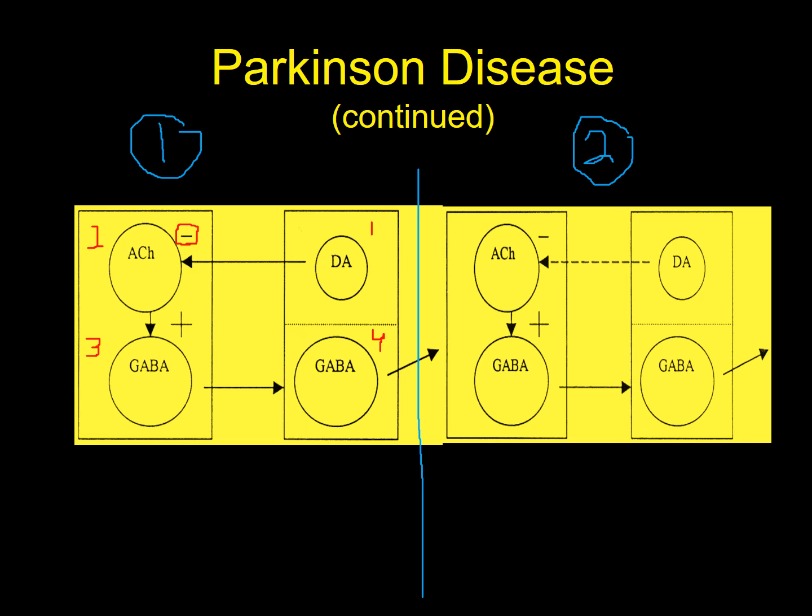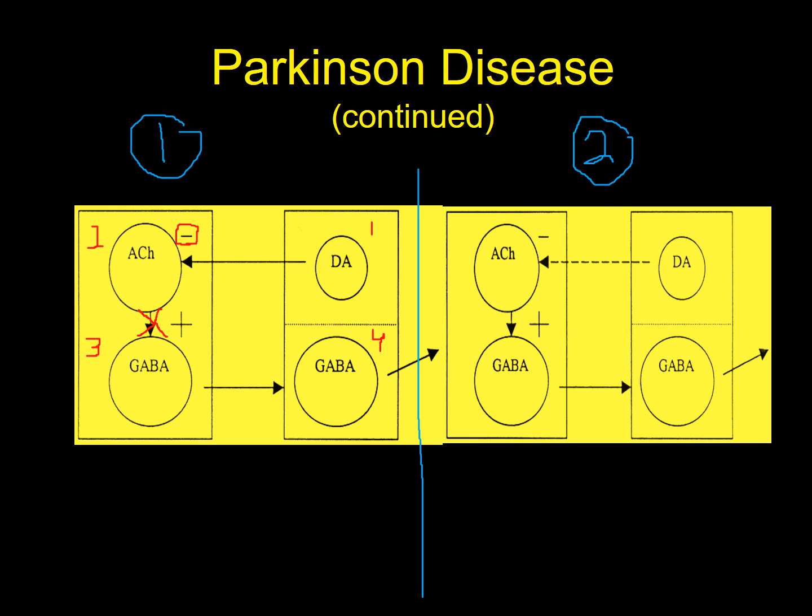So in the normal patient, as labeled number 1, they release dopamine. Dopamine inhibits acetylcholine, so acetylcholine is not released. That's why I'm now drawing a red X over this arrow where acetylcholine would be released to neuron 3. Again, dopamine is released from neuron 1 in the healthy patient. Neuron 1 releases dopamine, which inhibits neuron 2.